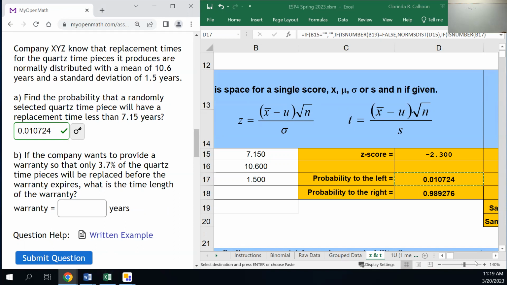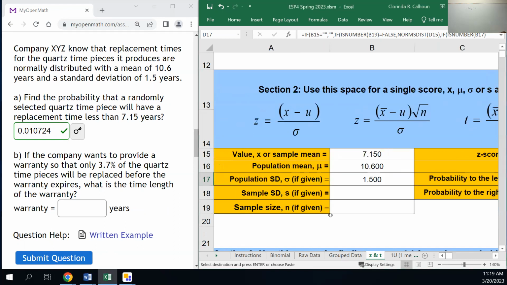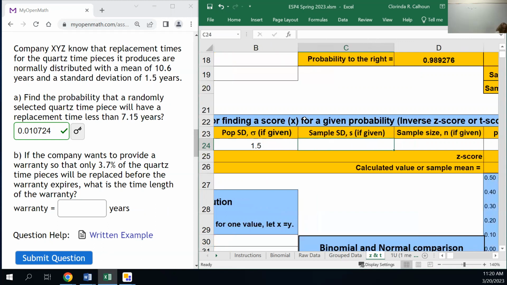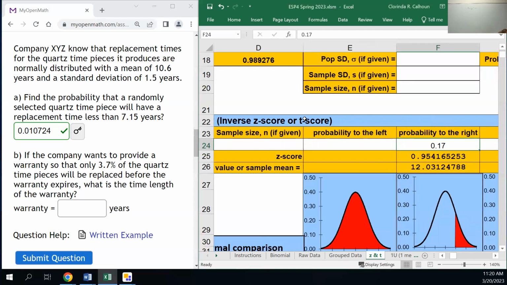So this time we have to go down to section 3. And we're going to type our mean and standard deviation. Okay, and go over to, which one do you think? It says, so that only a certain percent will be replaced before the warranty expires.